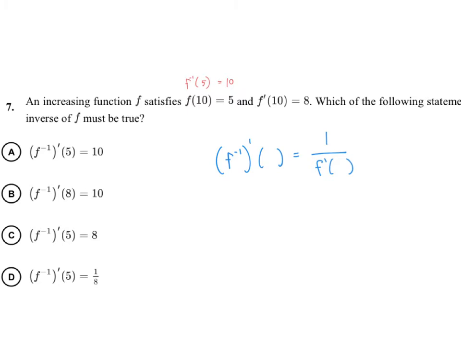So think about the only thing that's given: the derivative of the regular function at 10. That's the only option we have. If we're going to use this x value for the regular function, then we have to use this y value as the x value of the inverse.